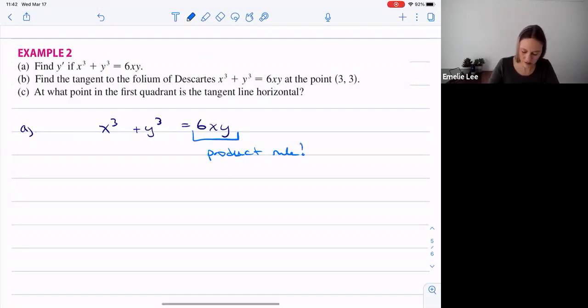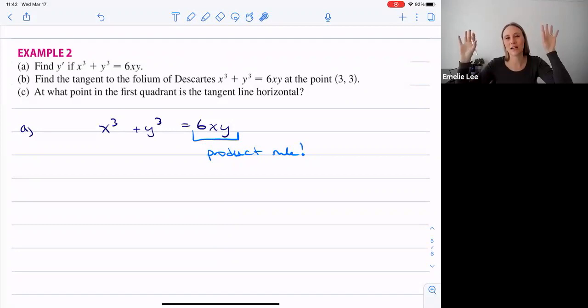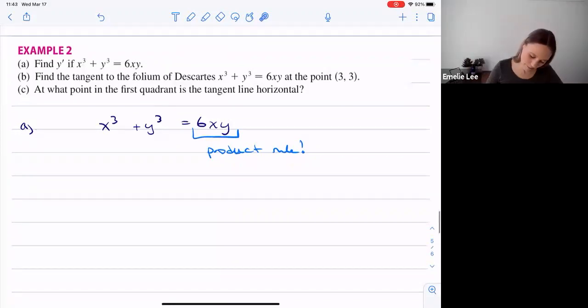It doesn't matter if you use 6x as a function or 6y as a function, but you'll want to put the 6 with one of these and treat that as your function. For me, it's more natural to do 6x as one function and y as another.